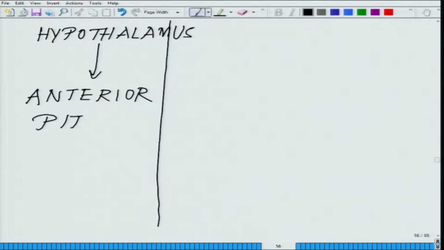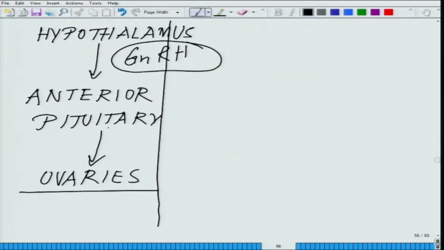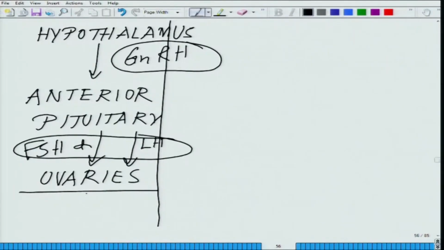Anterior pituitary, and then you have the ovaries. So, these are GnRH, gonadotrophin releasing hormones, and the anterior pituitary is releasing FSH and LH. And this FSH, LH acts on the ovaries and leads to the production of different sex hormones.